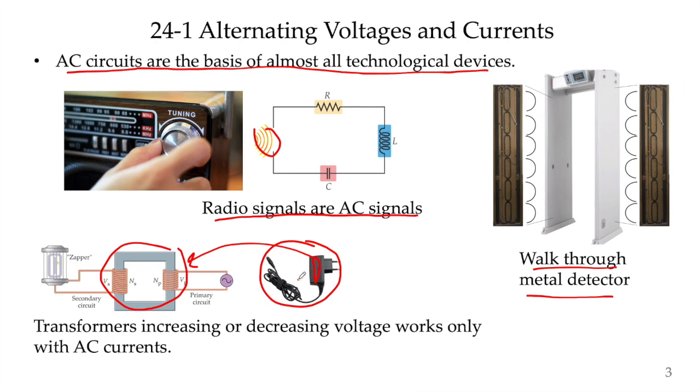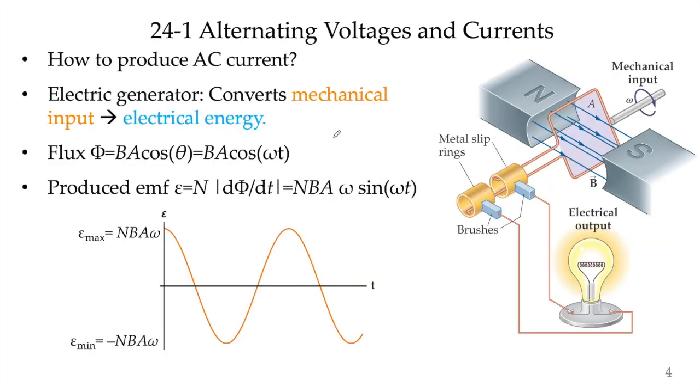Okay, so let's continue. Now the question is, how do you produce AC currents, right? We actually learned about it. If you think about the generators, that's what electric generators do. They generate electricity basically by converting mechanical energy, or mechanical input, to electrical energy.